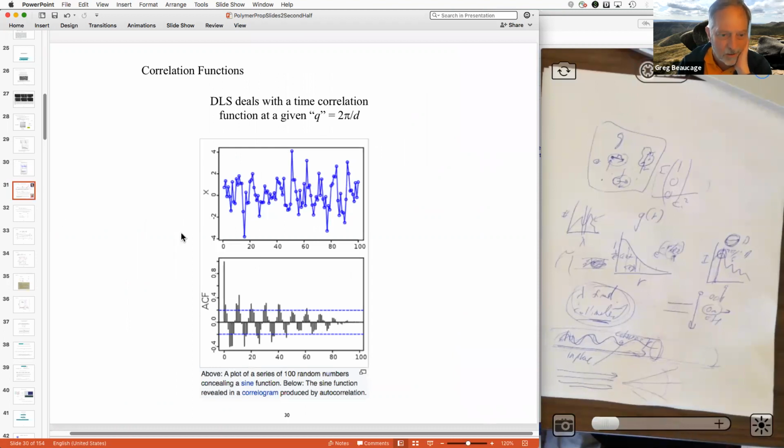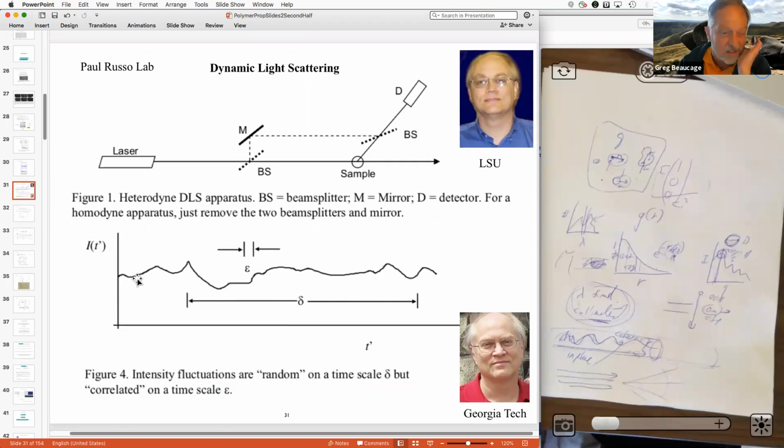So the problem with this is that you want to take the correlation between any 2 points separated by a time t. You want to do that from t equals 0 to infinity as the thing's running, right?